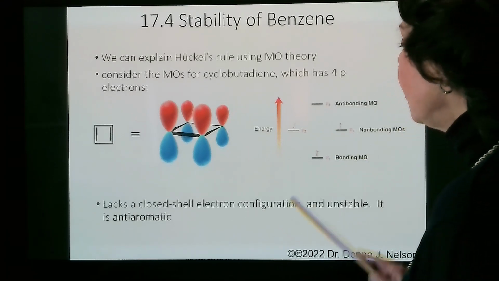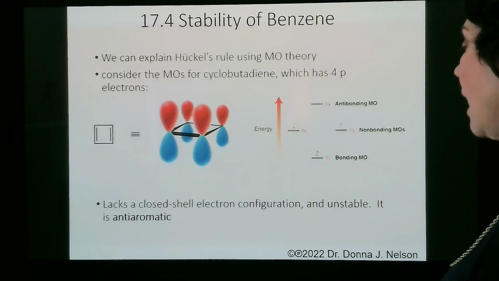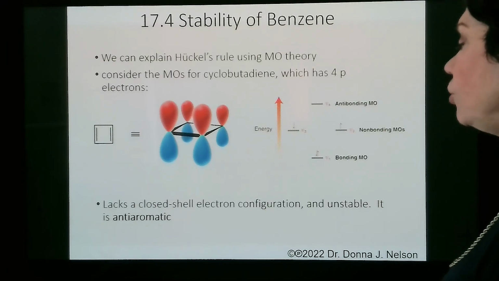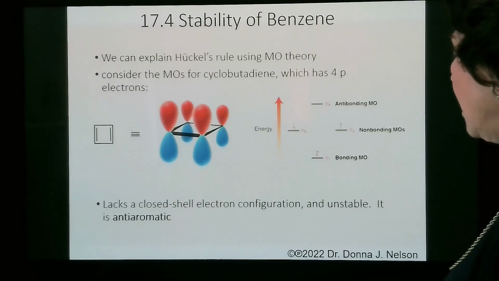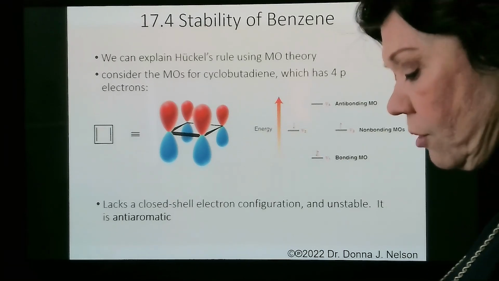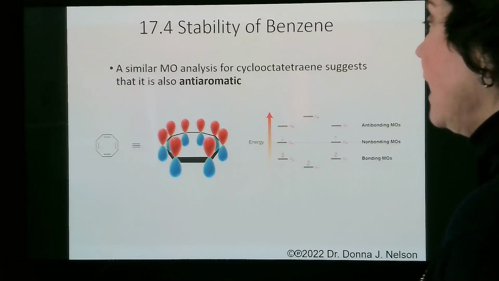And so that also explains the lack of stability. It does not have a closed shell electron configuration because you don't have pairs of electrons. So that is part of the reason why it is anti-aromatic and unstable.